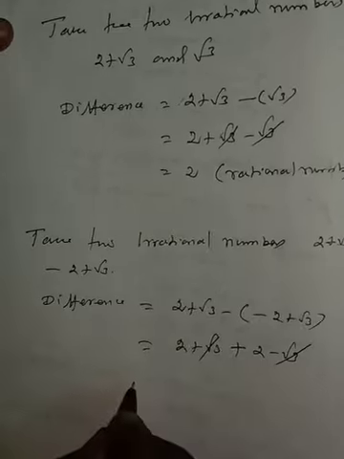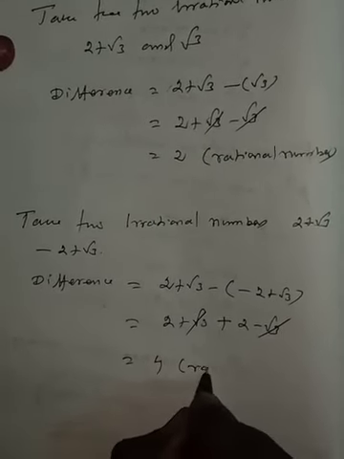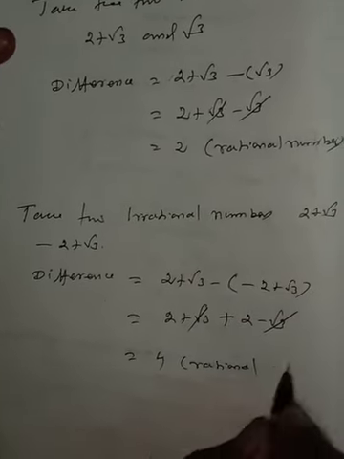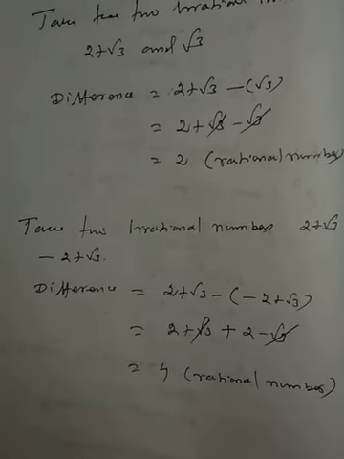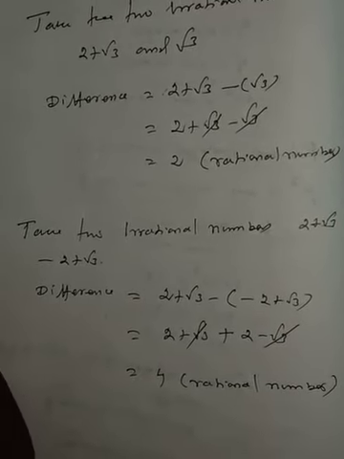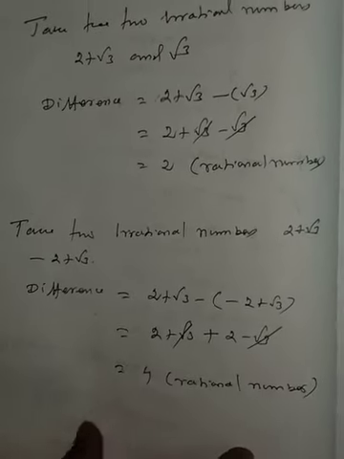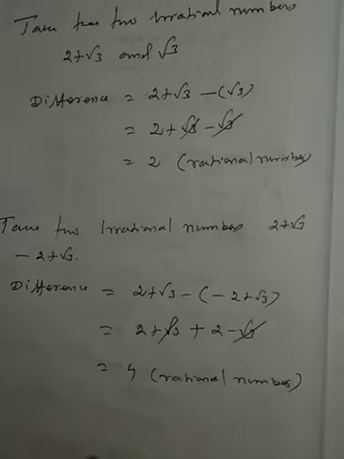So these cancel, we get 4. 4 is a rational number. Therefore, the difference of the 2 numbers is a rational number.